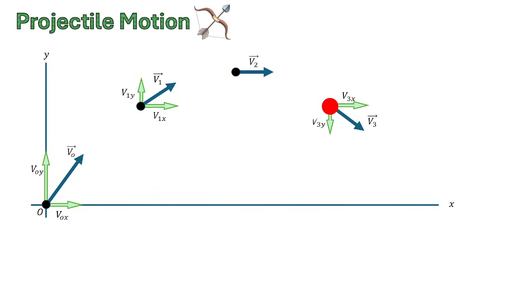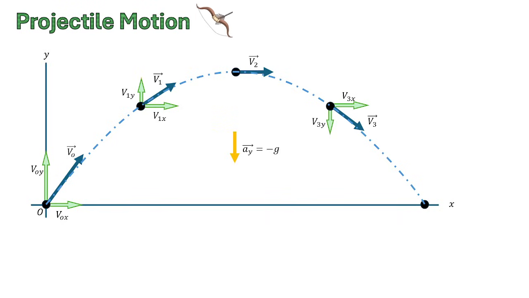We have velocity 3 with its components. And lastly, when the ball reaches the x-axis, or let's say the ground. So this is the motion of our ball affected by gravity.